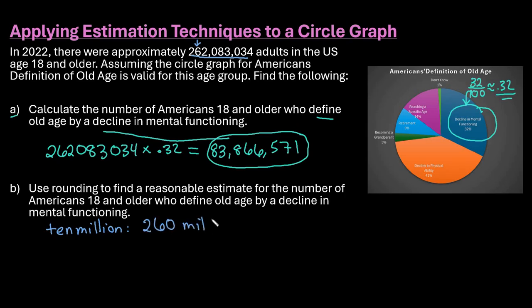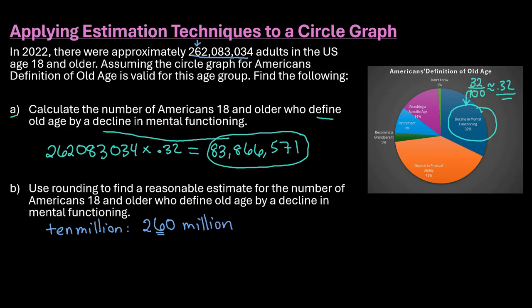And so I can write it out as 260 million instead of writing out the 260 with the 6 zeros behind it. It's easier just to truncate it down to say 260 million. Okay, and I rounded to the tens, not the hundreds. If I rounded to the hundreds, it would be 300 million because the 2 would go up.